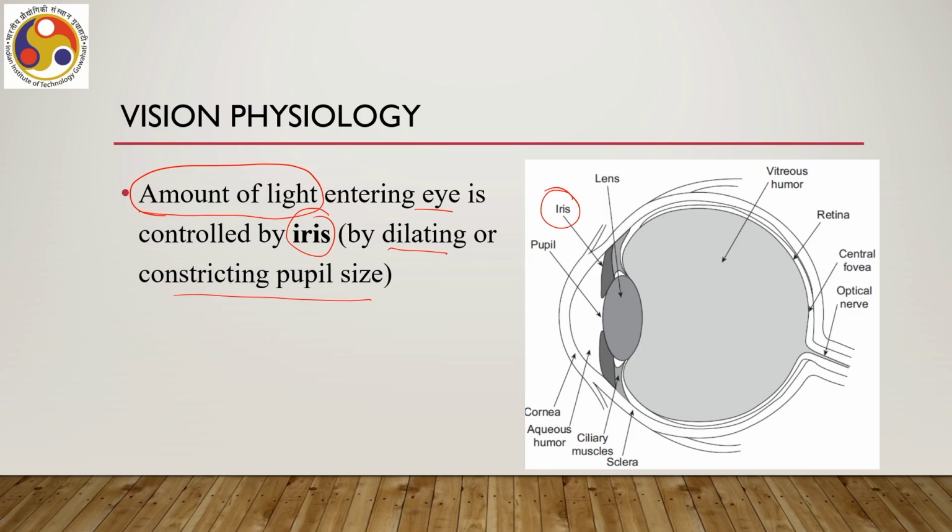If it is required to let in more light, typically when the surrounding is dark, then the pupil can be dilated to let in more light, or it can be constricted to let in less light when we are in a very bright light situation.